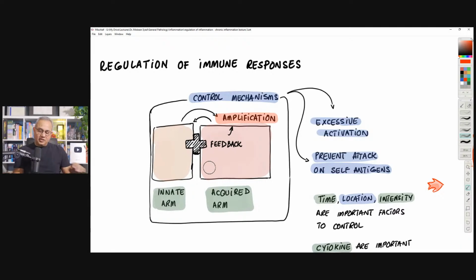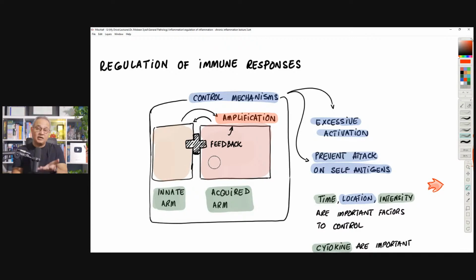Now, the innate arm and the acquired arm both amplify each other. For example, when some inflammogenic substance is introduced, some antigen is introduced, some allergen is introduced, or some tissue damage happens, the innate arm is the first responder and it will cause the acquired arm to be activated. That is an example of immune regulation, although this regulation is called positive feedback or upregulation.